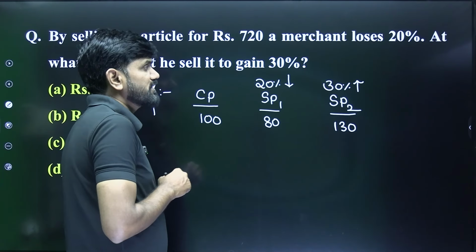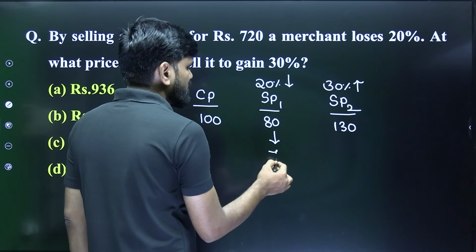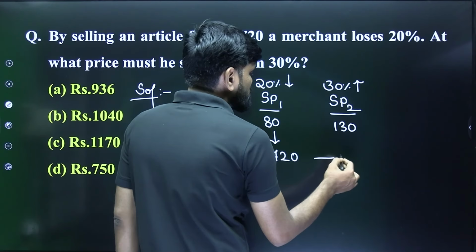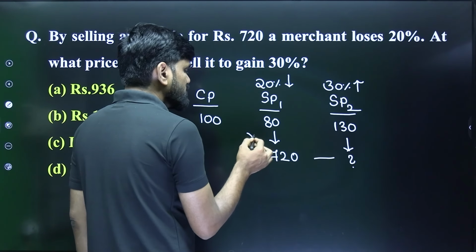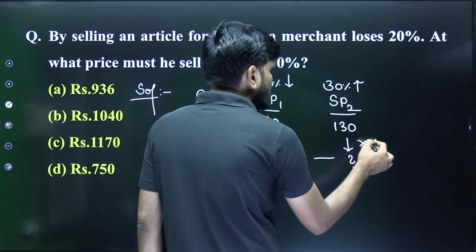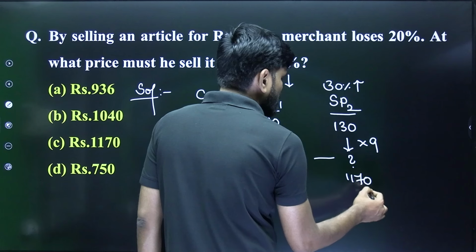But in the problem, it is not 80, it is given as 720. How many times? 9 times. So 9 times of 130 gives you 1170.